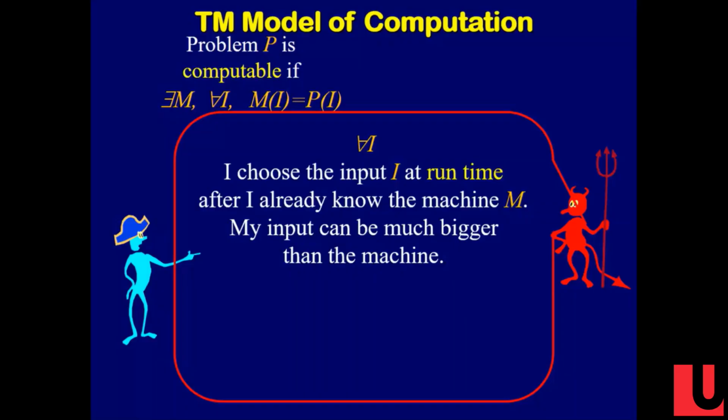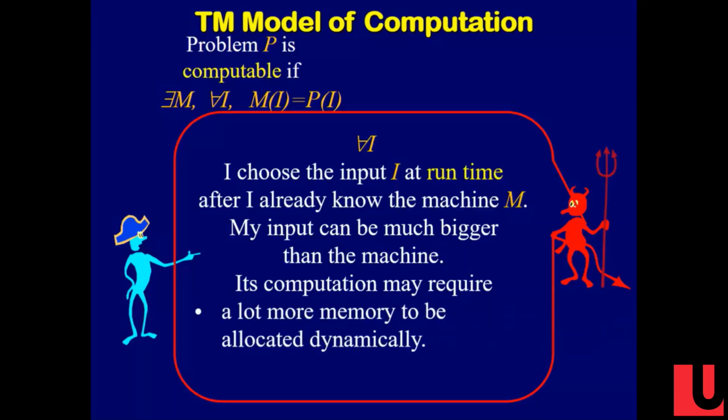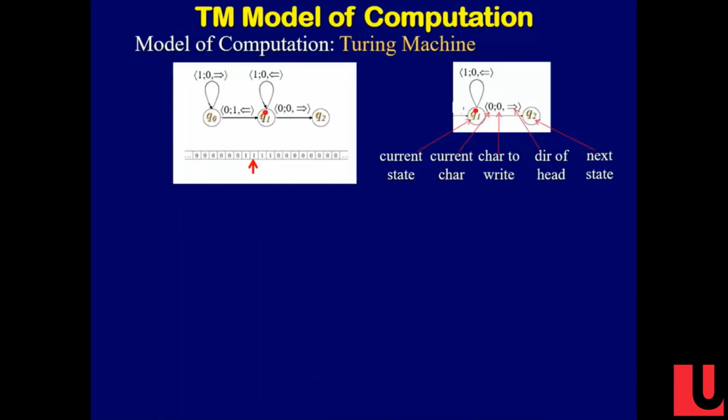But at runtime, the input's going to be much, much bigger. And what do you need? Well, you might dynamically have to create more memory, and you might dynamically need more time. That's what we're talking about here. Everybody following this? All right, so what's a Turing machine?